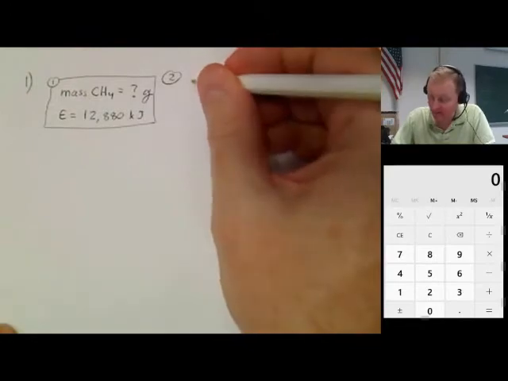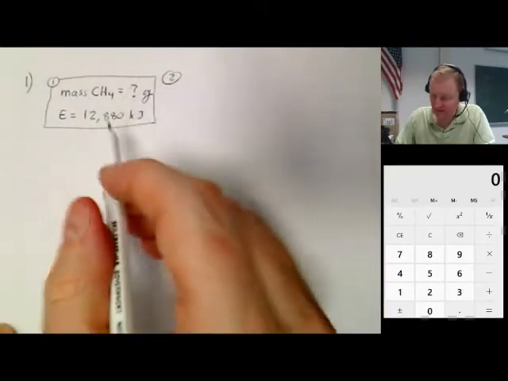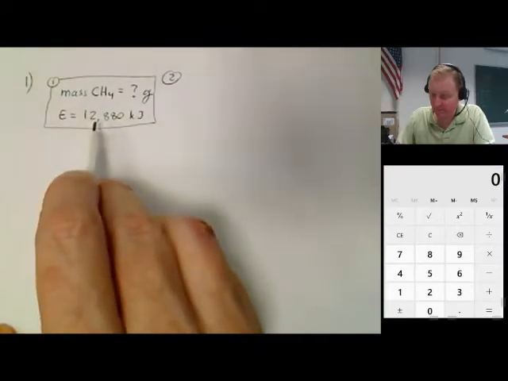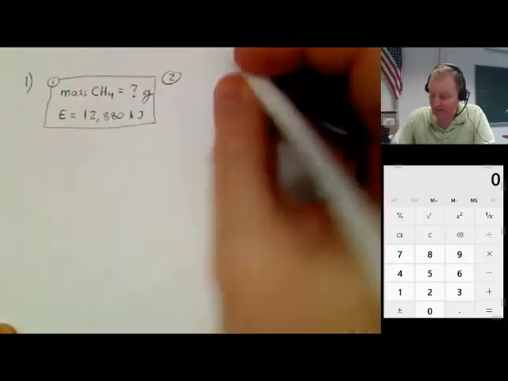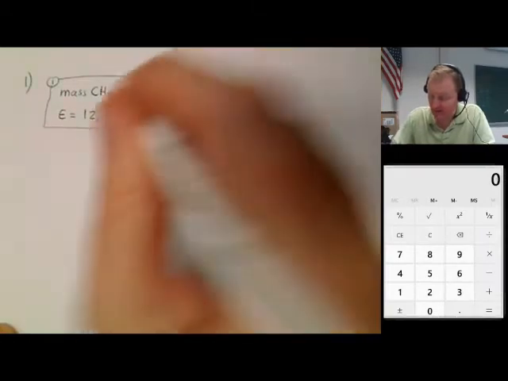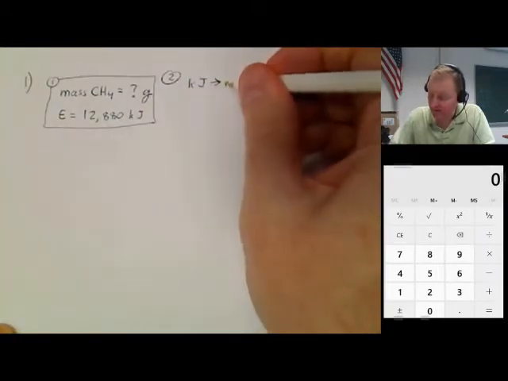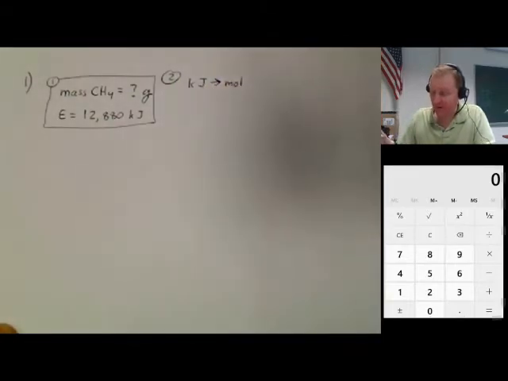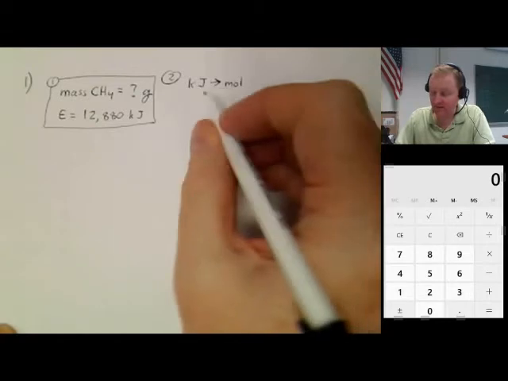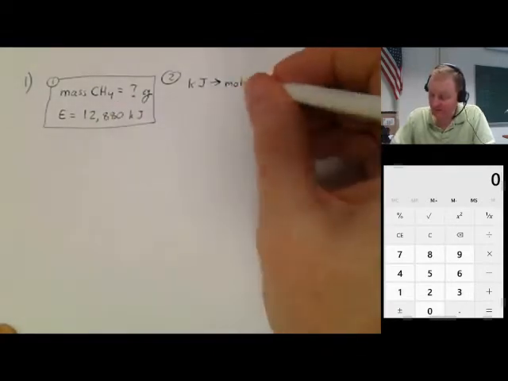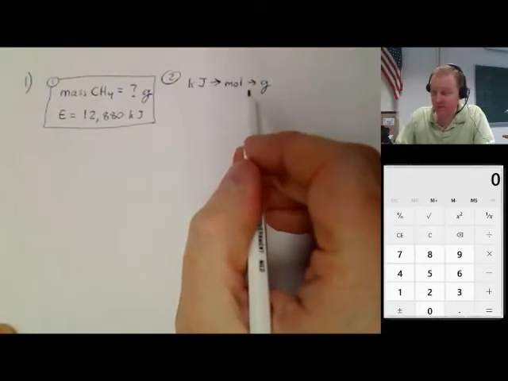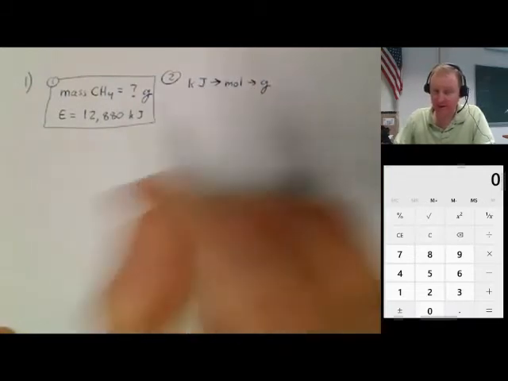Well, I need to solve for grams, and I have energy, so I can go from kilojoules. Since I have kilojoules, I can convert that into moles using the enthalpy of combustion on our table, and then I can convert from moles into grams using the molar mass on the periodic table.